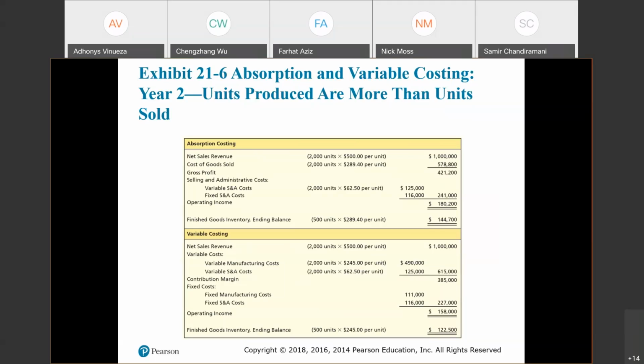We get the contribution margin, $385,000, and we use the contribution margin less fixed cost, $227,000. We get the operating income, which is $158,000. Which is less than the operating income calculated using absorption costing.